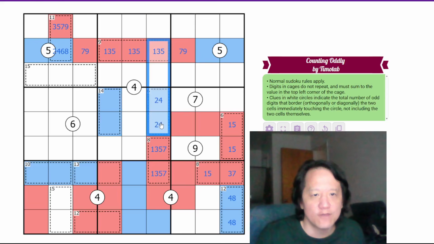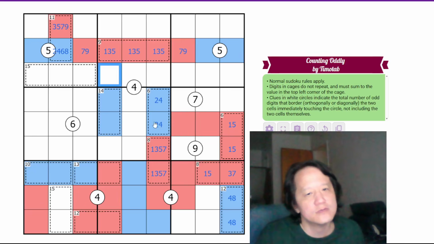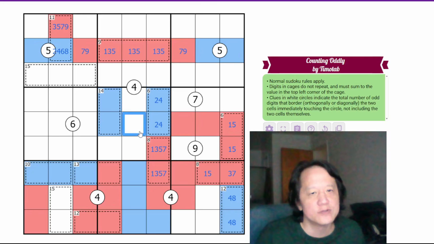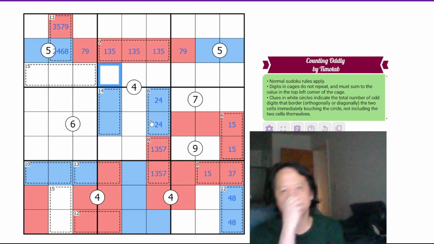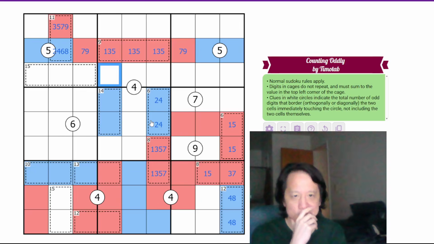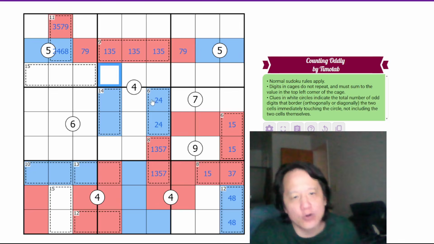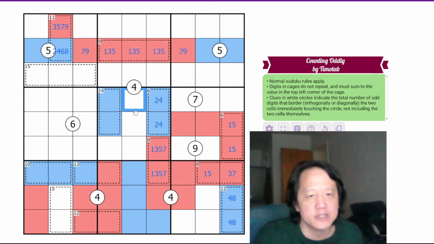We have 4 surrounding this white circle. That means, oh, it's 4 odds. Ooh. So we have 2 more evens out of these 3. Okay. Oh, we have 4 evens in box 5, which eliminates evens in the rest of the box, so these are all odd.